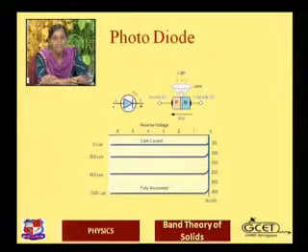At a particular temperature, these thermally generated minority charge carriers have a constant number, so this reverse saturation current comes as a constant value.